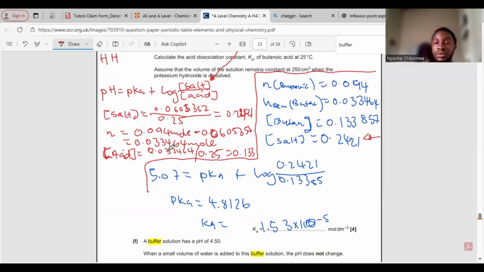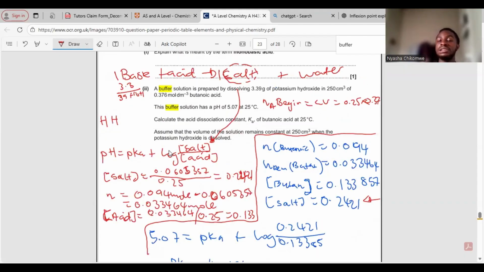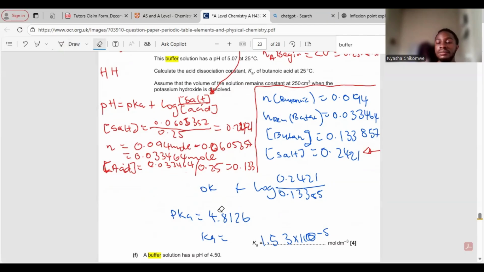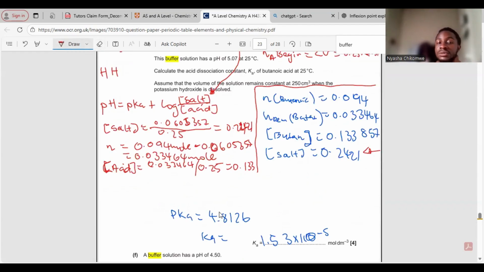So I'm given the pH in the question. It's given as 5.07. Okay, now let me erase some of this stuff. It's getting messy out here. I'm just going to restart the calcs. So remember, pH is equal to pKa plus the log of the concentration of the salt over the acid. So pH 5.07 is equal to pKa, which we don't know, plus the log of the salt concentration, 0.2421, over the concentration of the acid, 0.133.